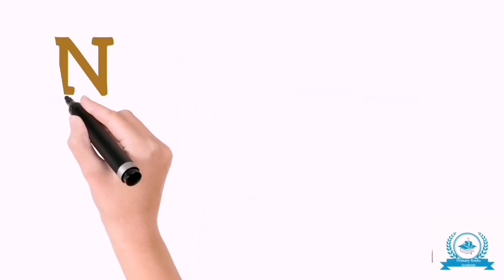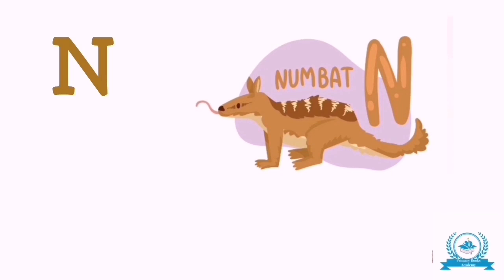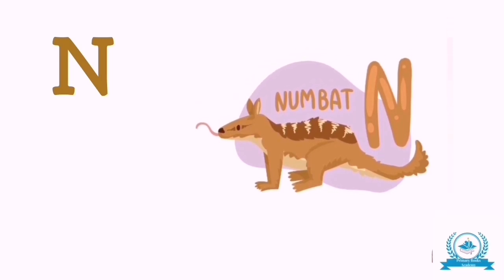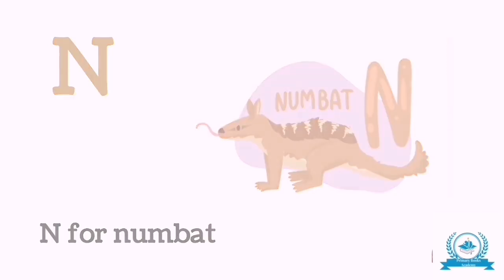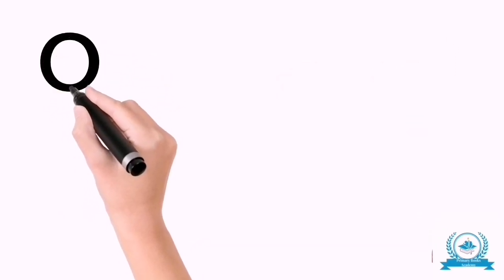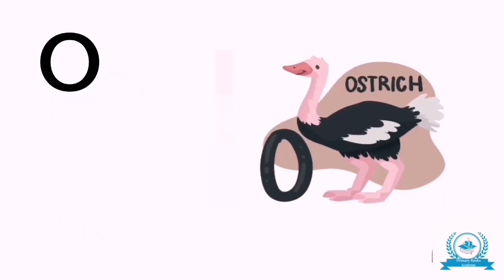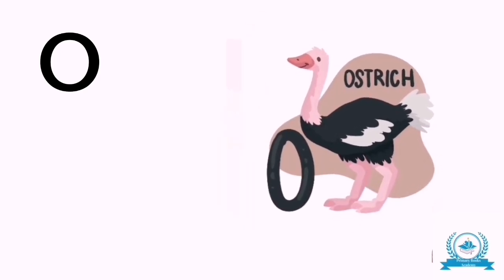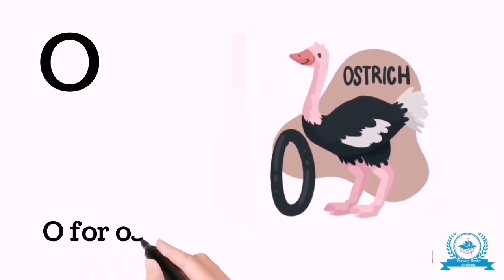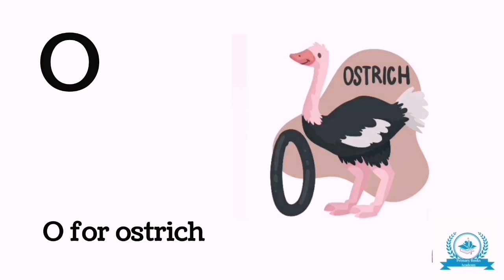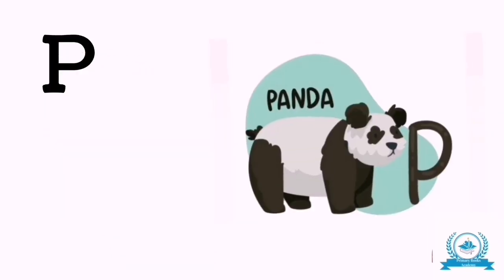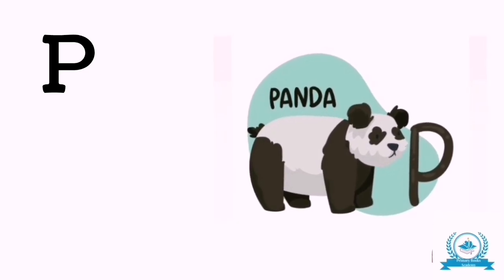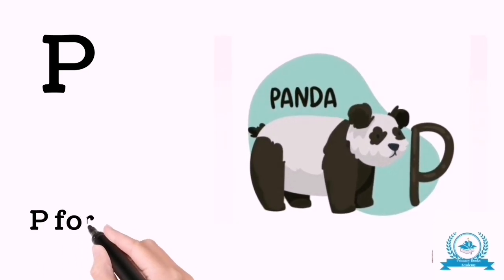N for numbat. O for ostrich. P for panda.